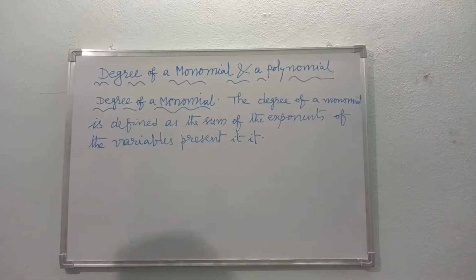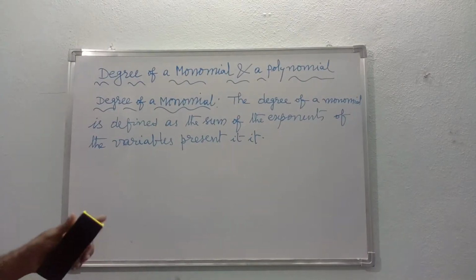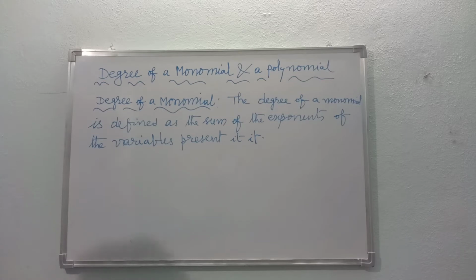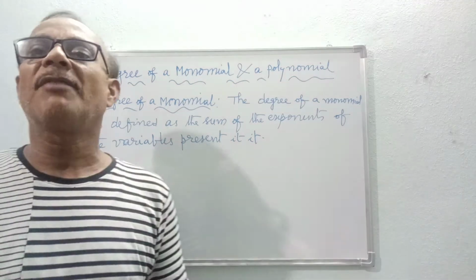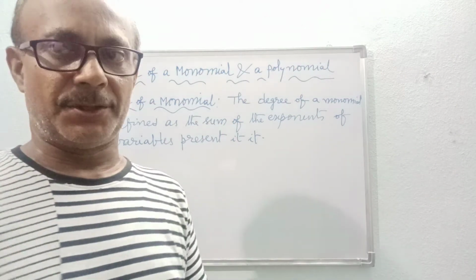So what is the degree of a monomial? The degree of a monomial is defined as the sum of the exponents of the variables present in it.